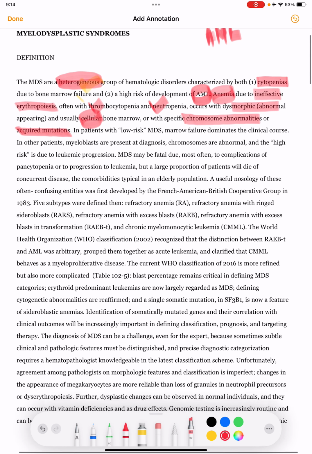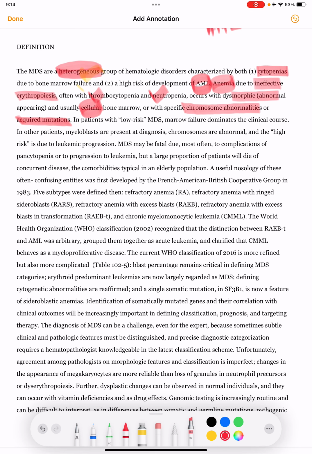Why does anemia occur? It is due to ineffective erythropoiesis. This anemia will often be present with thrombocytopenia and neutropenia, and there will also be dysmorphic, abnormal appearing and cellular bone marrow. It is not hypocellular, but cellular bone marrow, with specific chromosomal abnormalities or acquired mutations.